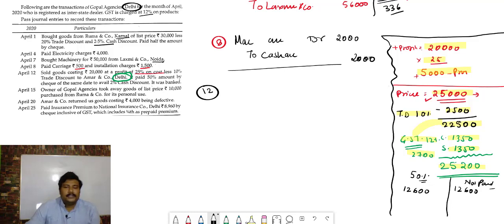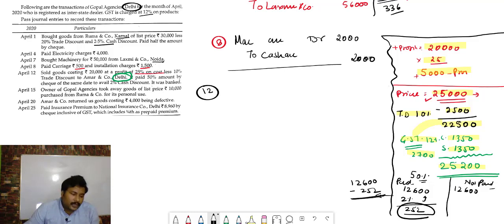And we will give a 2% cash discount on the amount we are receiving in cash. The 2% of 12,600 is 252. So how much amount are we receiving? 12,600 minus 252, and the total amount we are going to receive is 12,348. Now pass the entry.